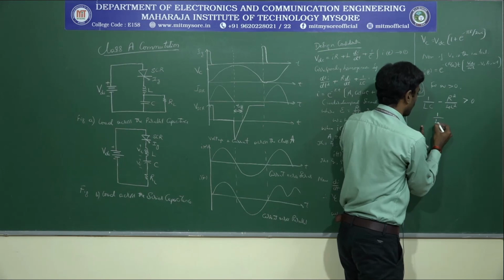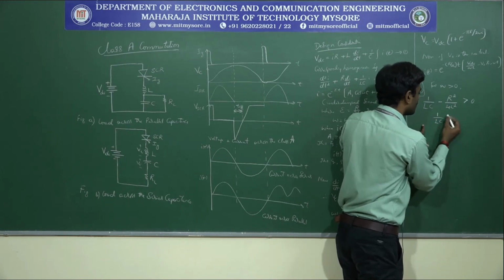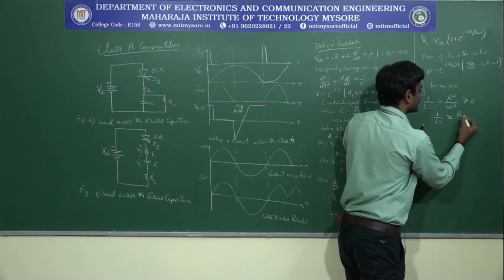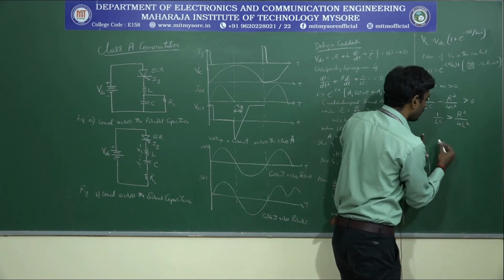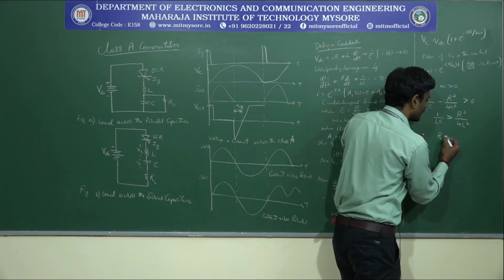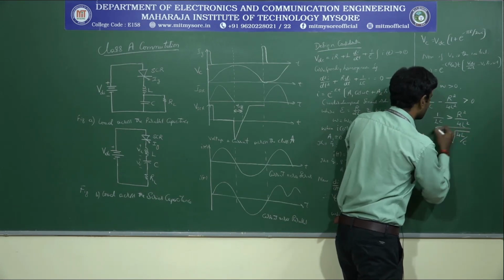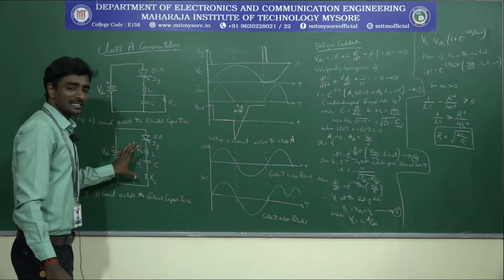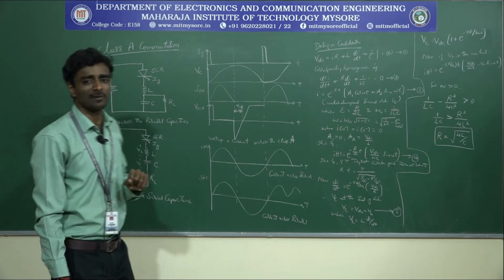Rearranging this value, 1 divided by LC should be greater than R square by 4L square after shifting the term to the other side so it becomes positive. After solving all these conditions, I will get R should be equal to root of 4L divided by C. This will be the resistance value for our series RLC circuit, with respect to class A commutation.